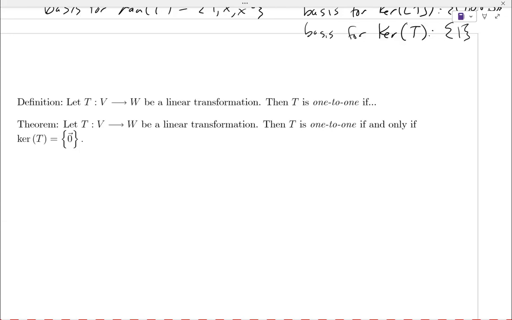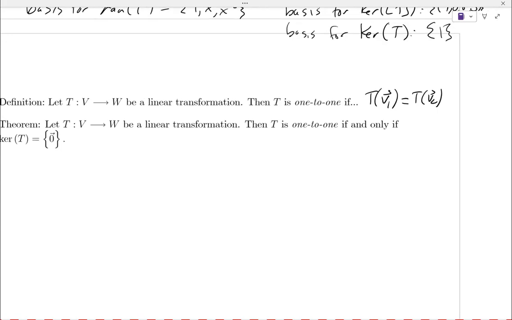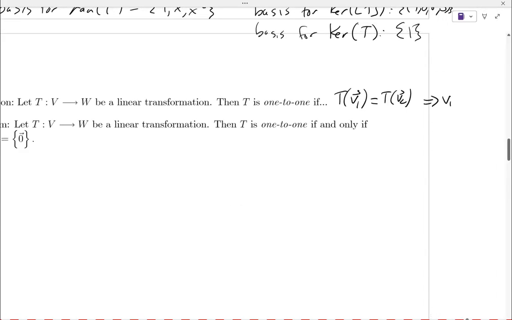So usually we write that as: if I got the same thing out, then we must have put the same thing in. Conversely, the contrapositive would mean if I put different things in, I got different things out. But this is typically what we use to show that functions are one-to-one.